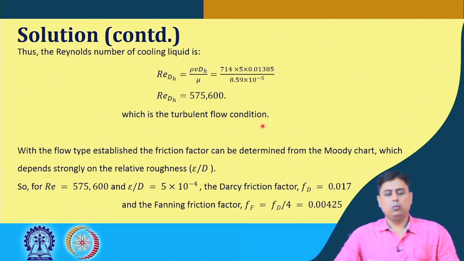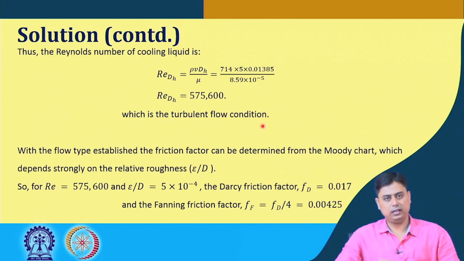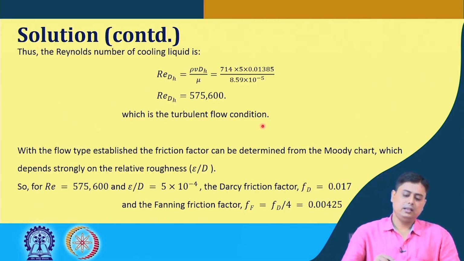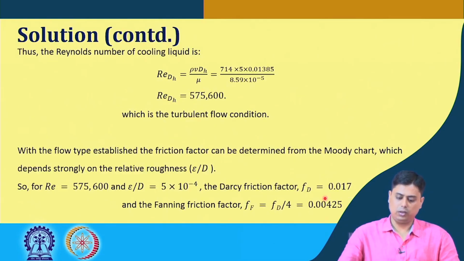Now, with this flow type, we can use the Moody's chart, if you remember that, which has the friction factor versus the Reynolds number for tubes of different surface roughness. Any classical fluid mechanics textbook has that kind of chart, and we will see that the Darcy friction factor value is this one.